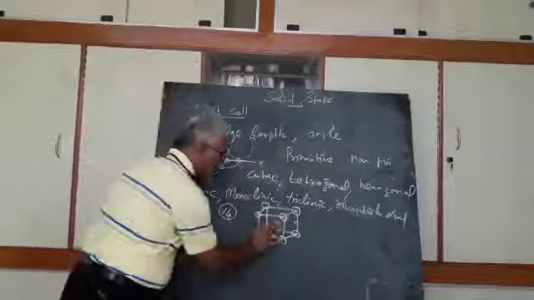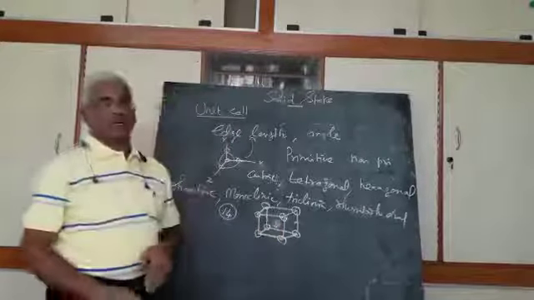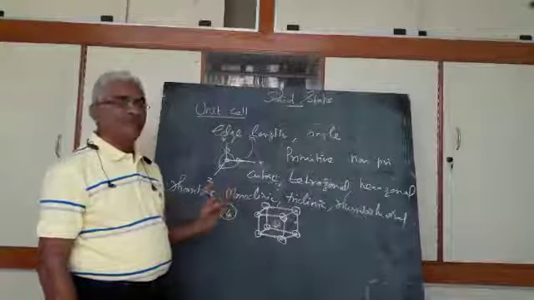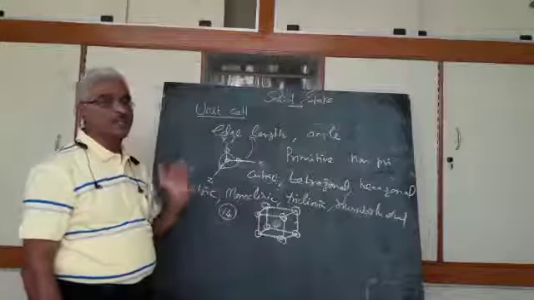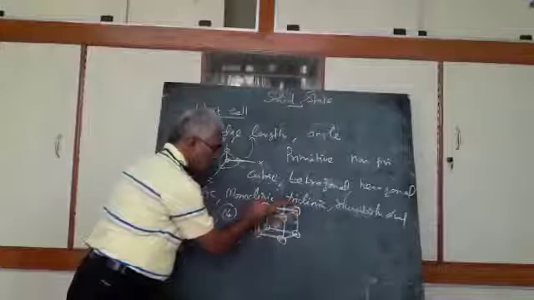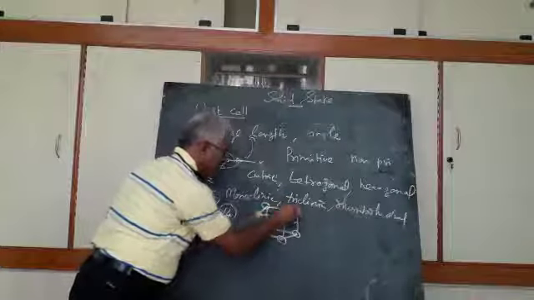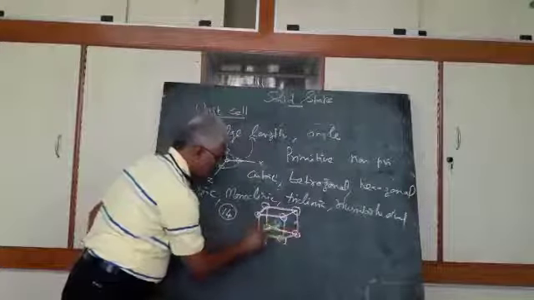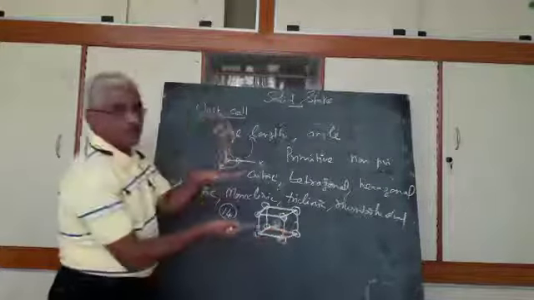See, there is one more non-primitive in the cubic. So this is again simple cubic, primitive. Now you can assume faces. This cube has 6 faces. Can you identify? This is a face at the top. This is the second face at the bottom.